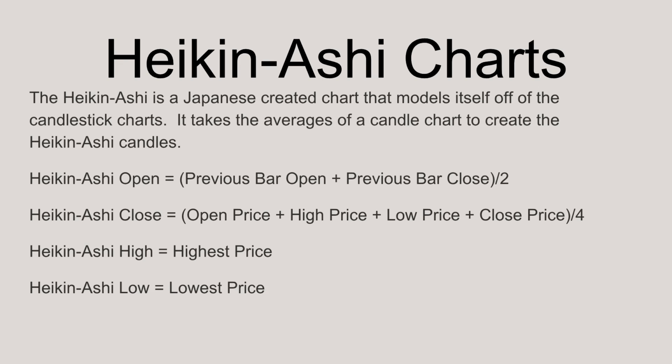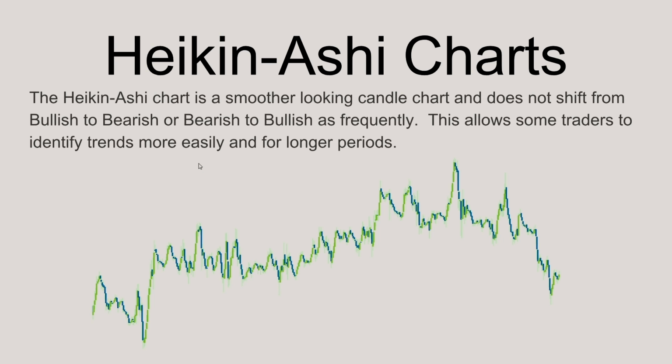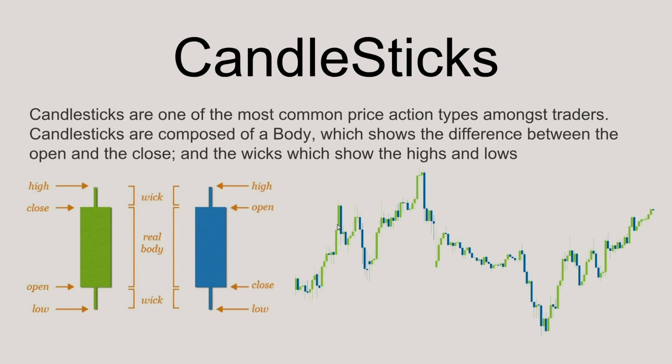And then the highs and the lows of the Heikin Ashi candles are the same that we'd experience with the candlesticks. We're going to be looking for the highest point which the Heikin Ashi candle had reached, and the lowest point which the Heikin Ashi candle had reached. If we open up a chart here, you can see this chart right here is the exact same as this chart.